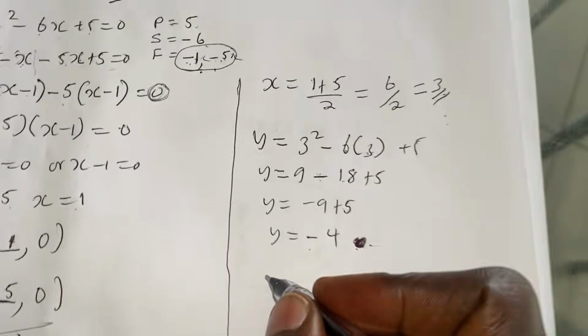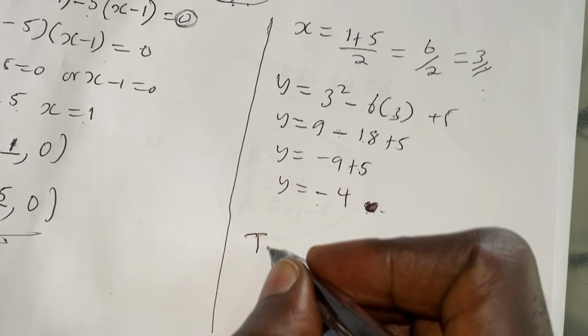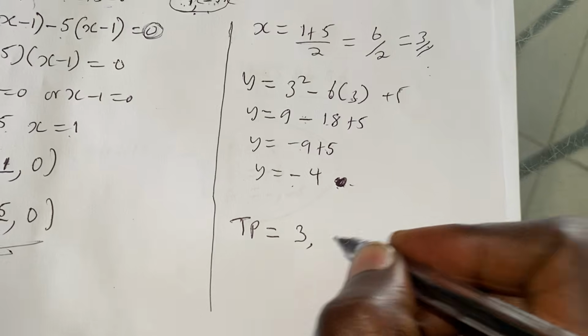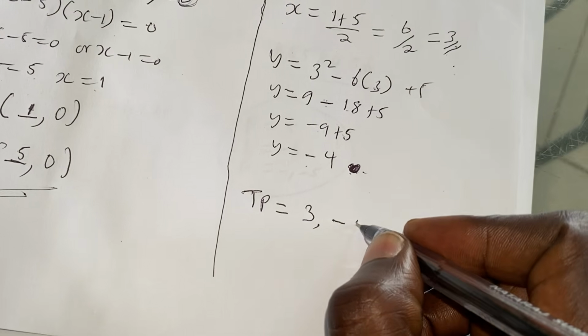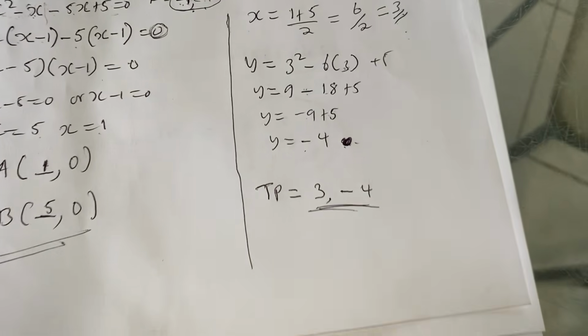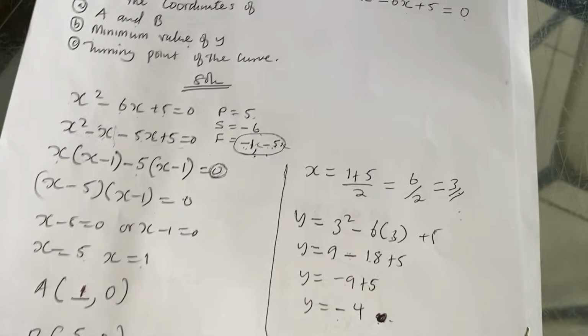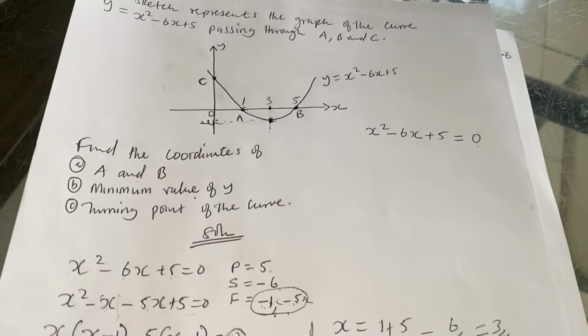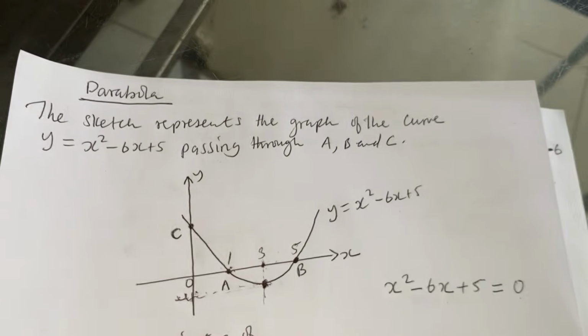So the turning point is equal to 3, negative 4. As simple as that. So this is how you solve questions under parabola.